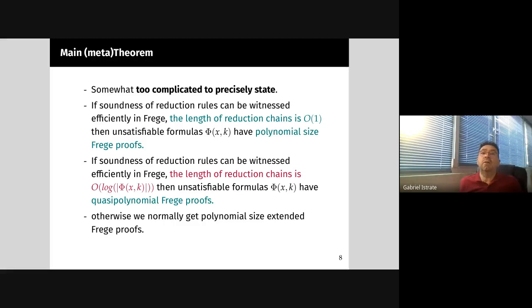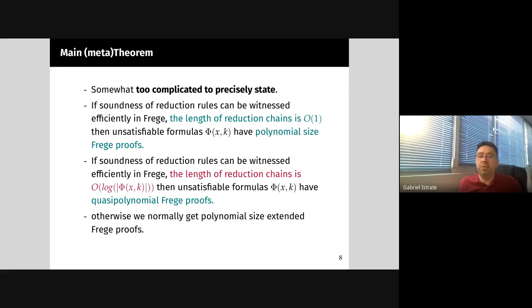And putting all these ideas together, one can state a main meta theorem. It's a little bit too cumbersome to precisely state, but the gist of it is that if you can witness the soundness of reduction rules in Frege, and if you can create a data reduction where the length of the reduction chain is constant, then you can witness the unsatisfiability of the propositional translations using polynomial size Frege proofs.